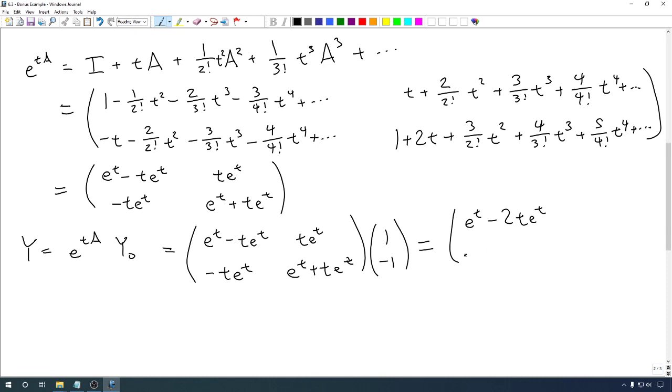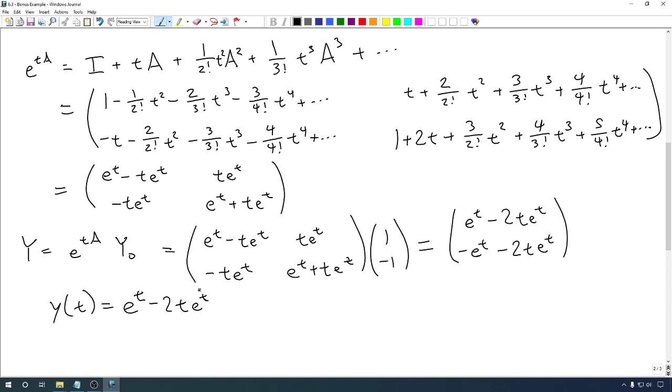We end up with a negative e to the t minus 2t e to the t. And so what does this mean? This means that our original y of t is the first function, e to the t minus 2t e to the t. And then its derivative is negative e to the t minus 2t e to the t.